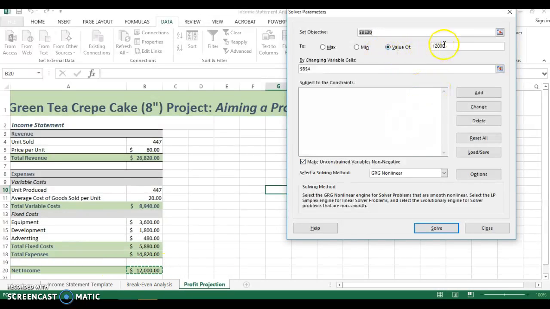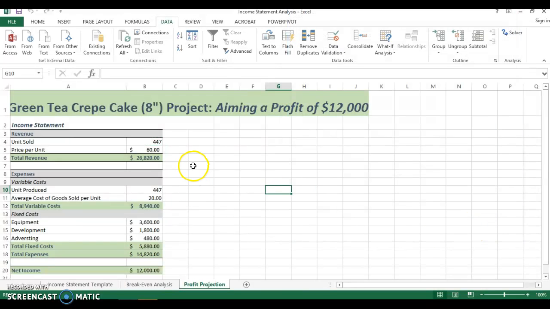You want to set it to a value of $12,000. The changing cell again is the units of goods sold, at a price of $60 per cake. Then you click solve, which gives you the answer that I need to sell 447 cakes in order to make a profit of $12,000.